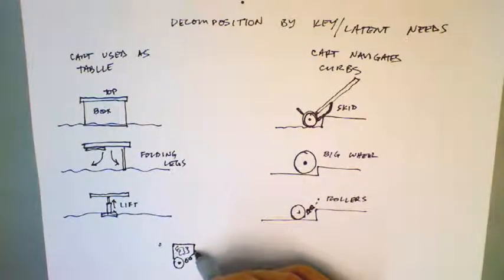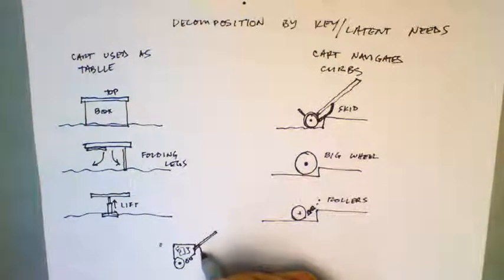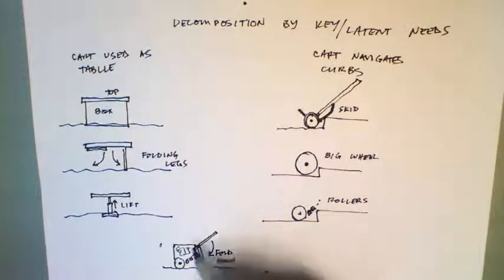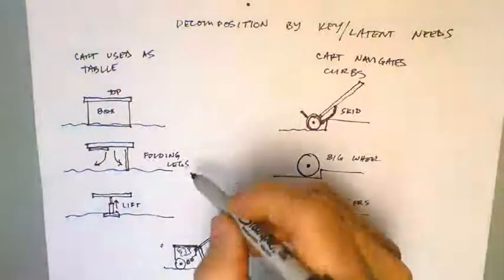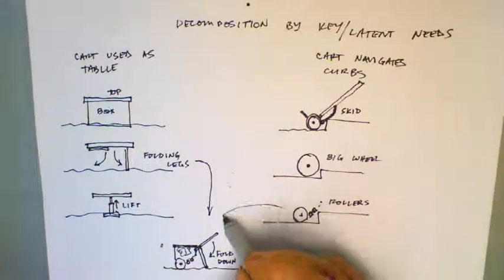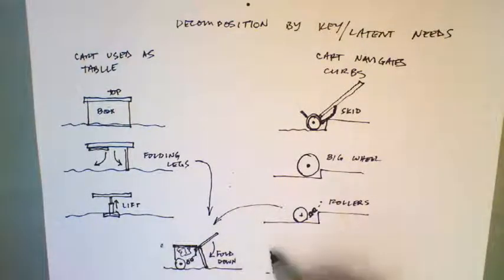And our cart is going to have a handle on it for pulling. But it's going to have this nice feature, which is a little hinge there, which allows that handle to fold down, which would allow this thing to be stably configured as a little table. All right, so that's an example of taking that and taking that and creating an integrated solution.